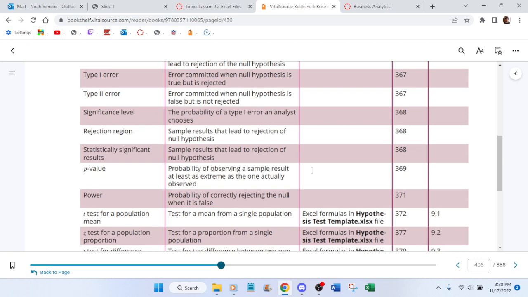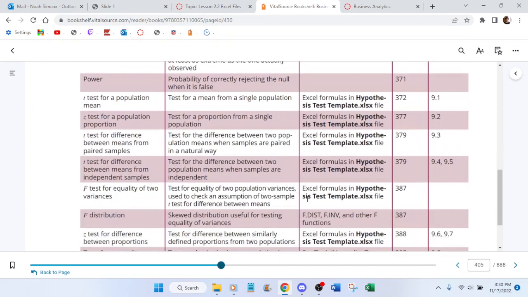Power is the probability of correctly rejecting the null when it is false. T-test for a population mean. Test for a mean from a single population.